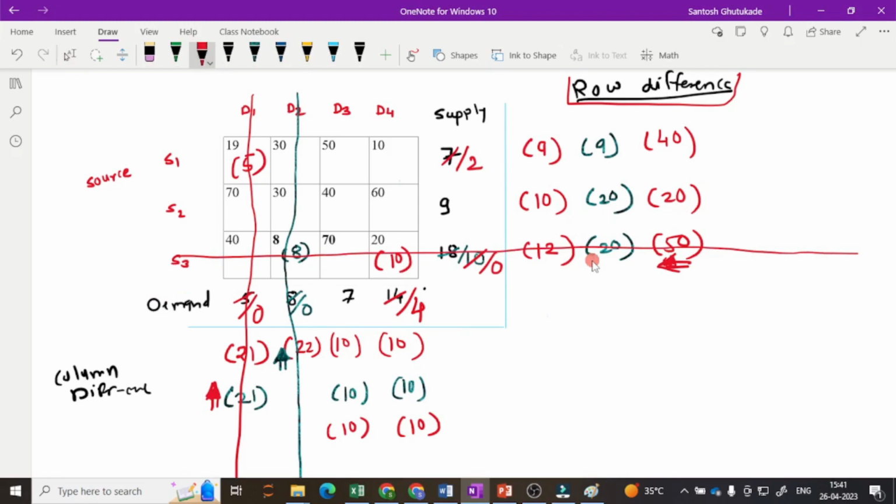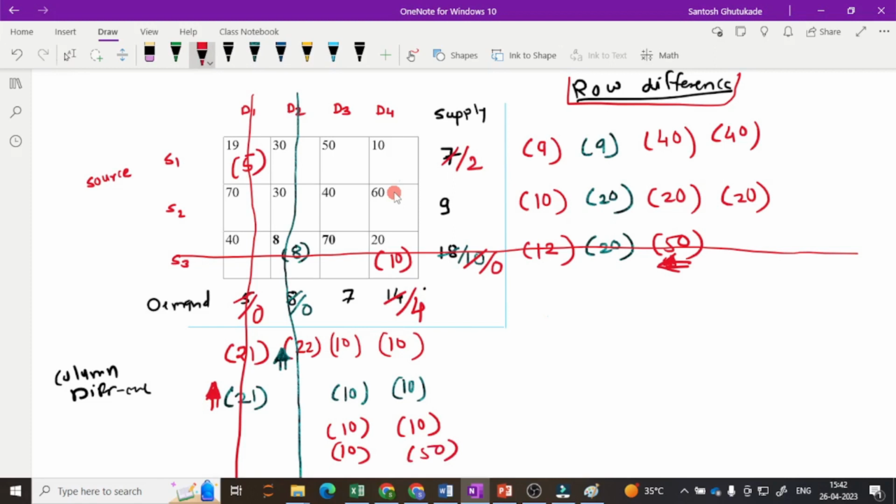Now for the remaining values, again we are calculating the fourth penalty. So 10 and 50, the penalty is again 40. In the second row, 40 and 60, 20 is the penalty. For the third row we are not calculating the penalty. Now in the column, 40 and 50 remain, so 10 is the penalty. And in the last column, 10 and 60, the difference is 50.